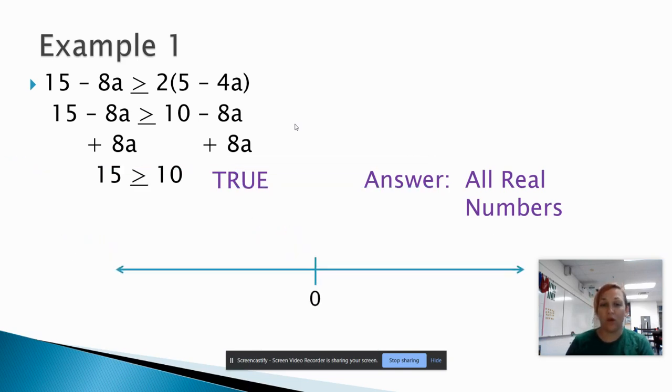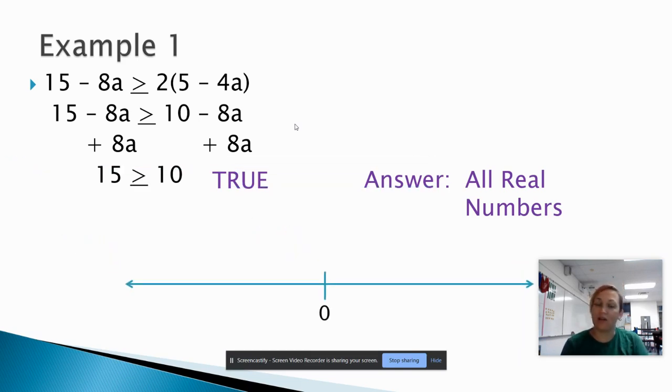So I have my number line. I don't need to put the actual numbers from the inequality on my number line because I'm not going to start at 10 in shade or start at 15 in shade. And so I still like to put that reference number of 0. And then if I want to show on my number line that all real numbers are answers, that means I want to color in the entire number line.